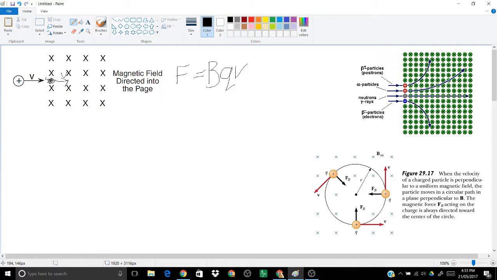Now using the right-hand palm rule, your velocity is the thumb.